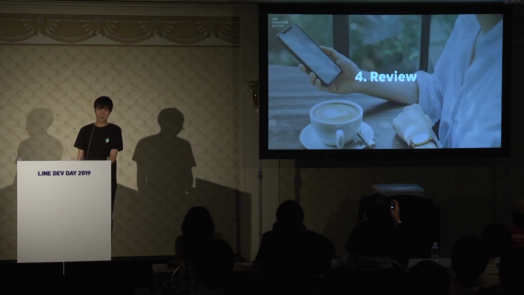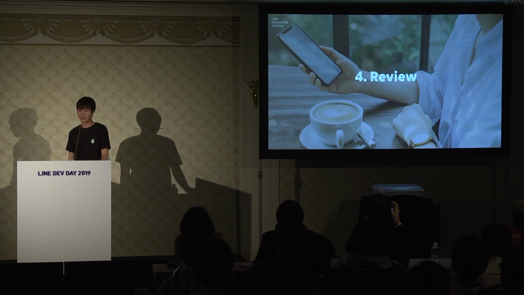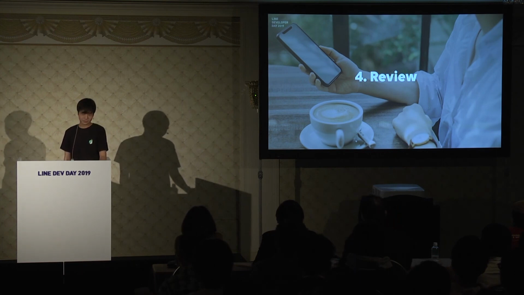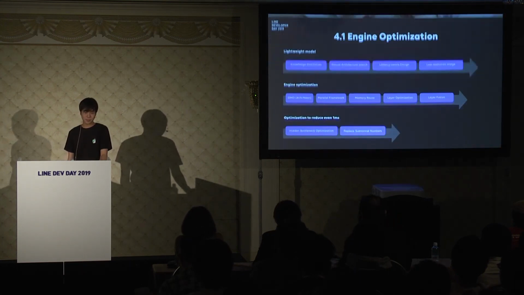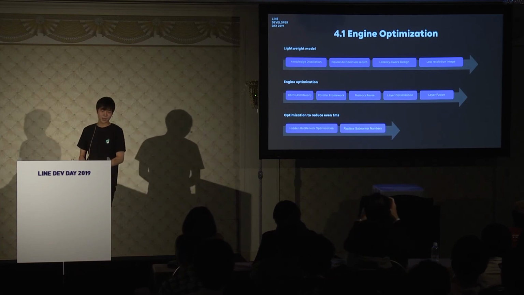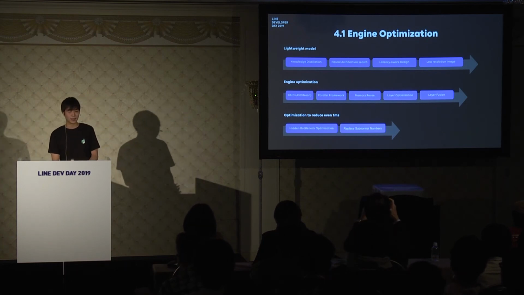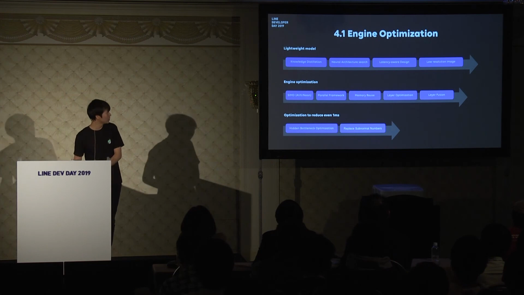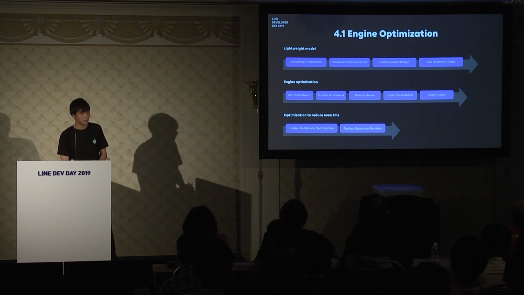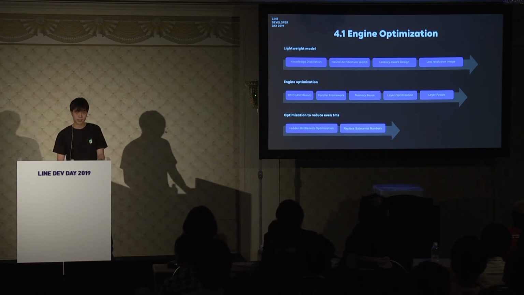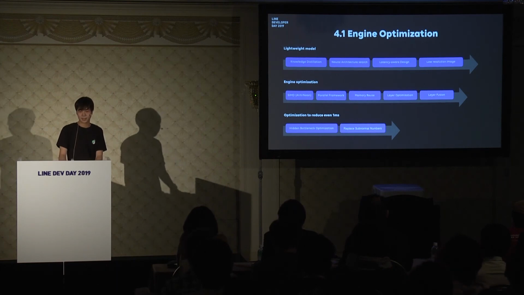We look at the engineering in the engine and service parts, and I'd like to review all of them. In the lightweight model, we try different ways to make the model lighter, more accurate and faster, like knowledge distillation, neural architecture search, and so on. And in engine optimization, we try the following methods to speed up the engine.